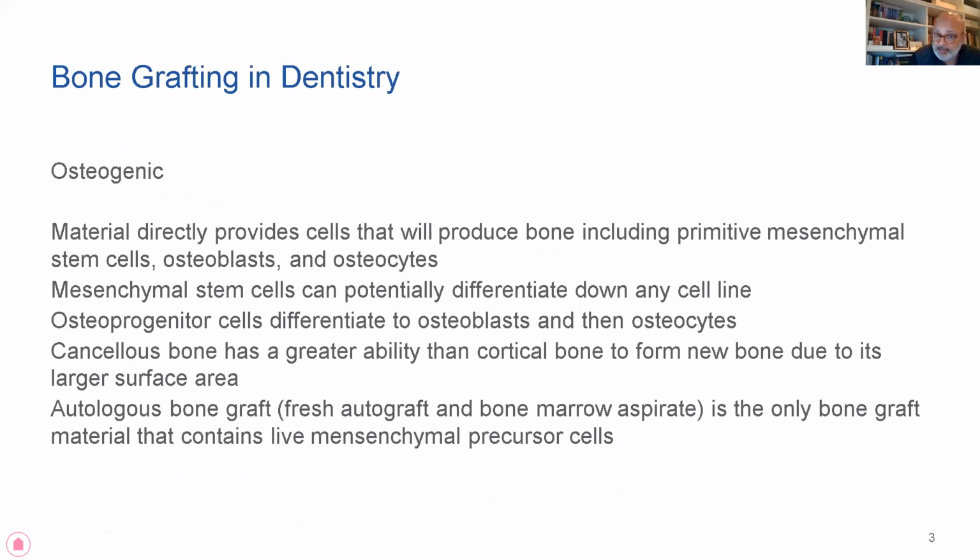Cancellous bone has a greater ability than cortical bone to form new bone due to its large surface area, and that's quite important. Autologous bone grafts, such as fresh autograft and bone marrow aspirate, I'm not sure many people use those, but they're in there because they're indicated mainly outside dentistry. It is the only bone graft material that contains live mesenchymal precursor cells.